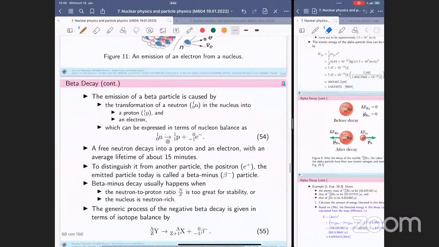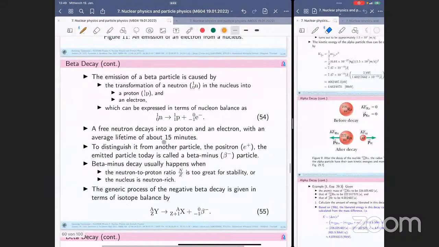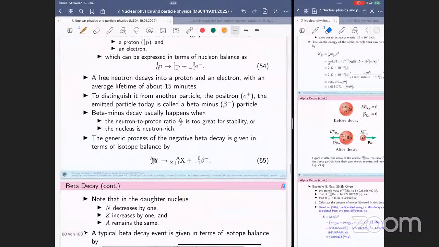Once it has a good level, the nucleus will be stable, and once it's stable, it will live long. For any element, the fundamental process is that a neutron is transformed into a proton and an electron. For any nucleus, that nucleus is going to have one more proton, and one more proton means the atomic number changes.